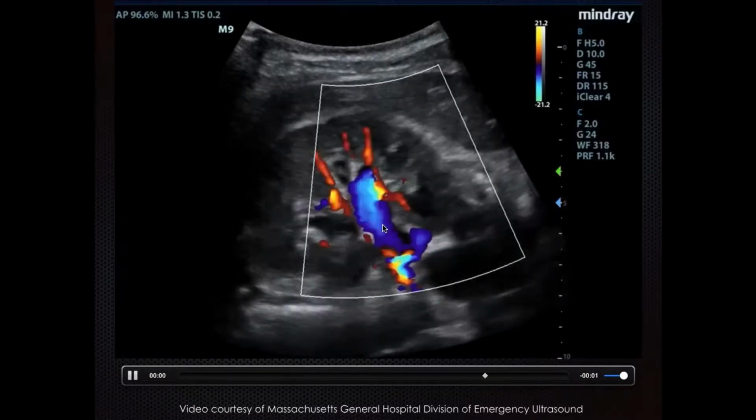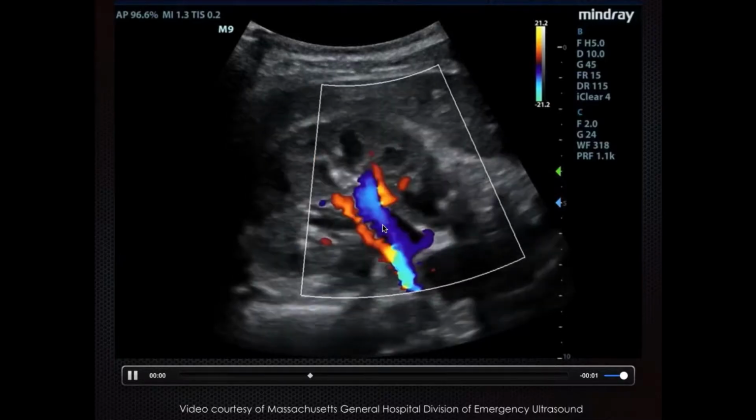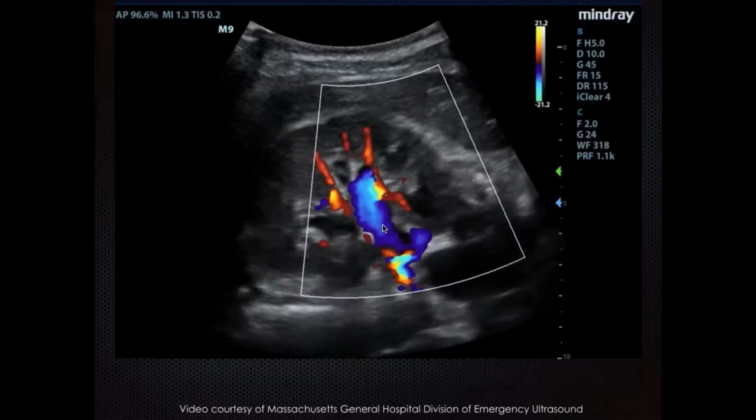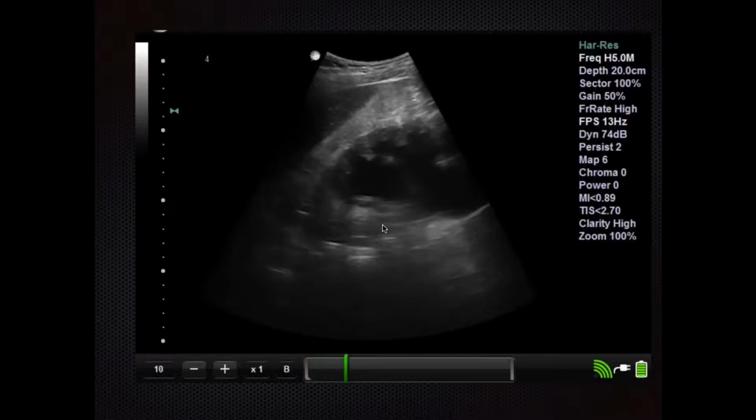You don't want to mistake anechoic areas within the pelvis, call it hydronephrosis, when all it was were renal veins. Okay, so that's one of the major tips that I have: use Doppler to reduce false positive rates. It helps improve and increase your specificity.